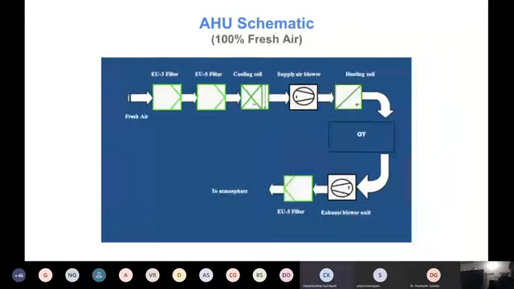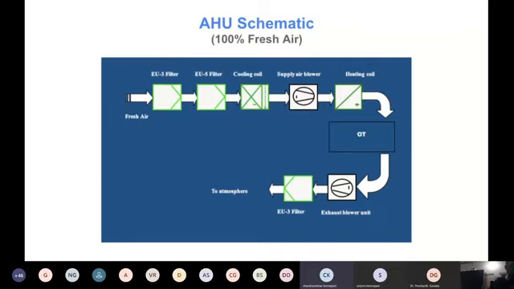This is a very efficient system, but it is 100% fresh air and 100% exhaust. All the parameters which we fear can be negligible if we adopt this kind of system. But this surely increases our recurring cost. So here it goes.